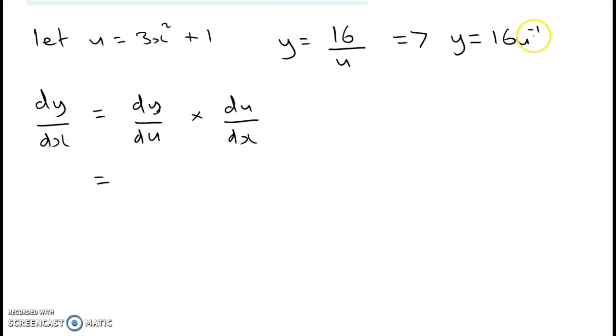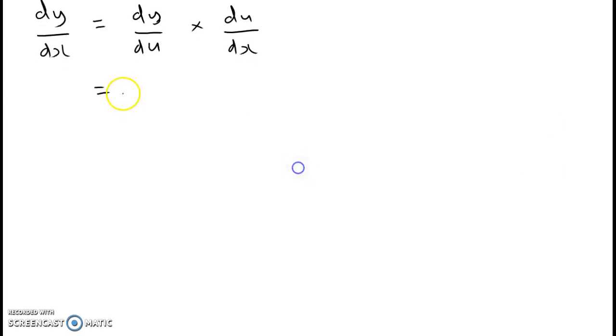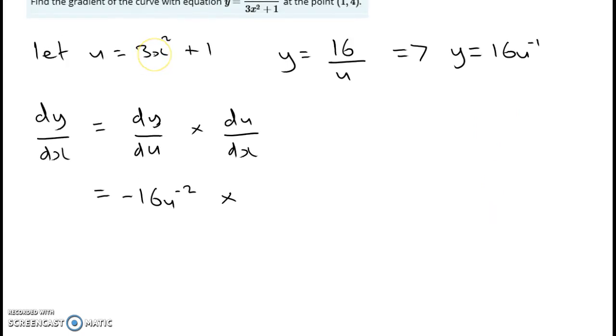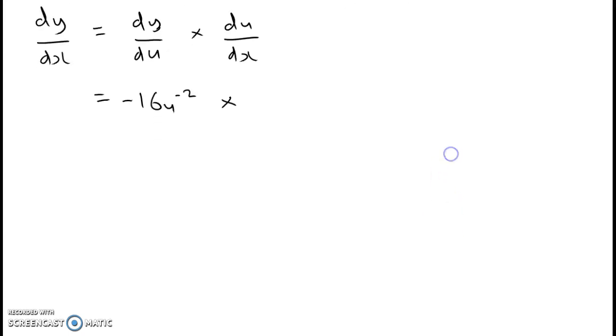Dy/du for us will be, we're differentiating y with respect to u, minus 16 u to the minus 2 times du/dx, we're differentiating this with respect to x, so that will give us 6x. If we tidy that up, we will get minus 96x u to the power of minus 2.